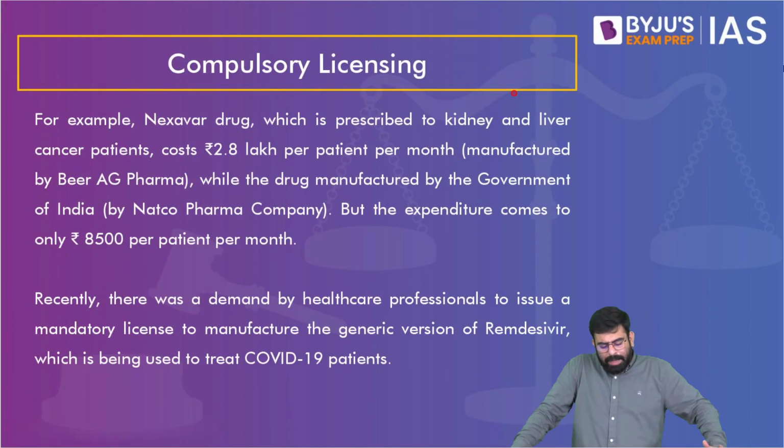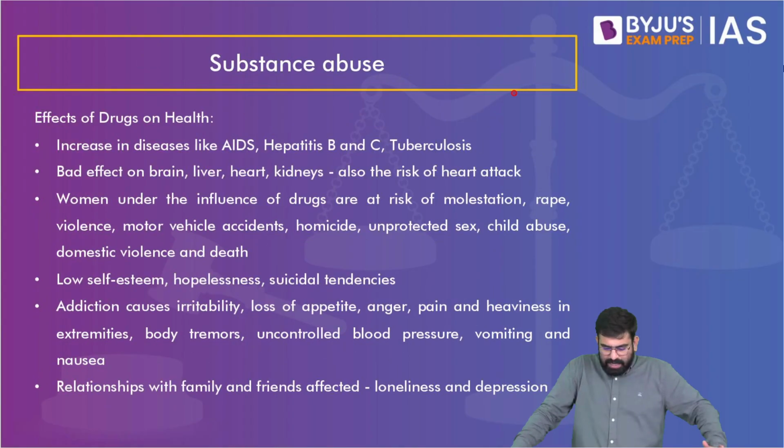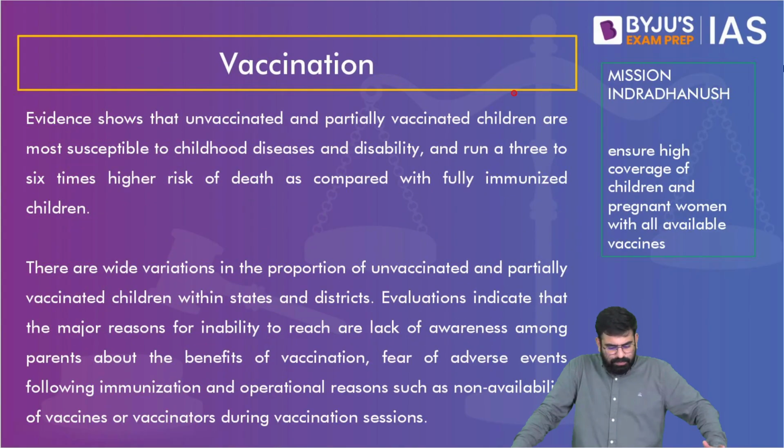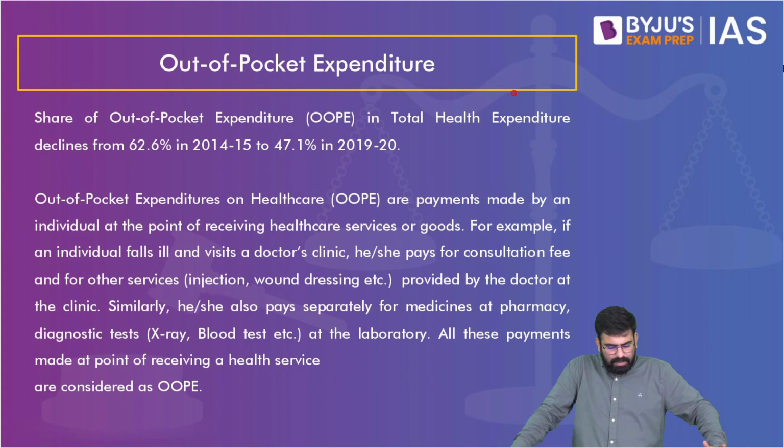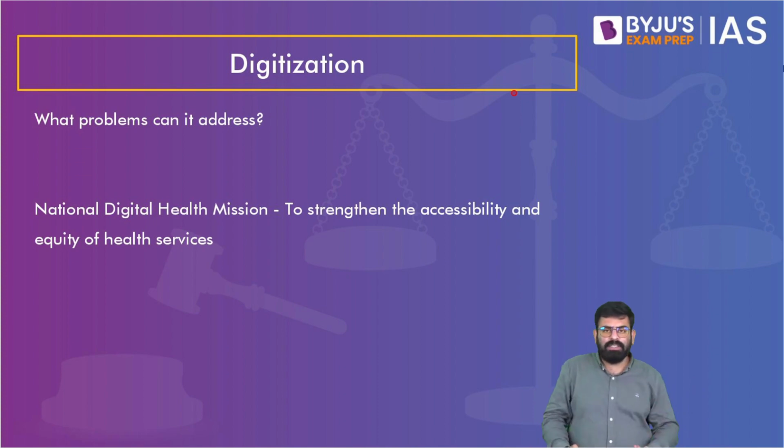Okay, coming back to our discussion, we had left our discussion at digitization of healthcare. So we were talking about various preventive and curative measures that government has taken, and we have already discussed your health management system.